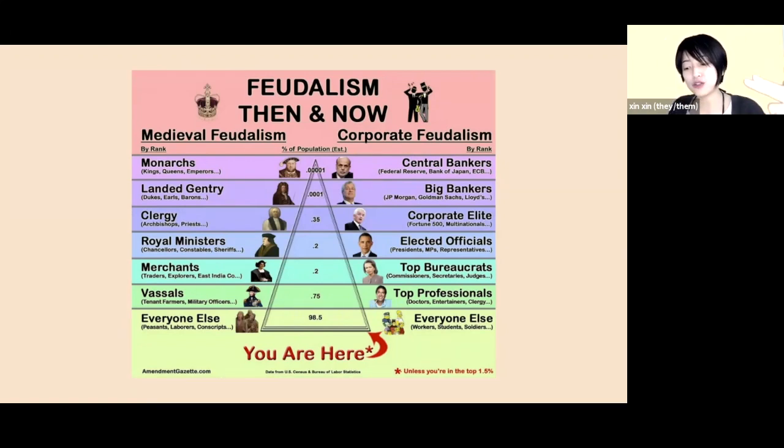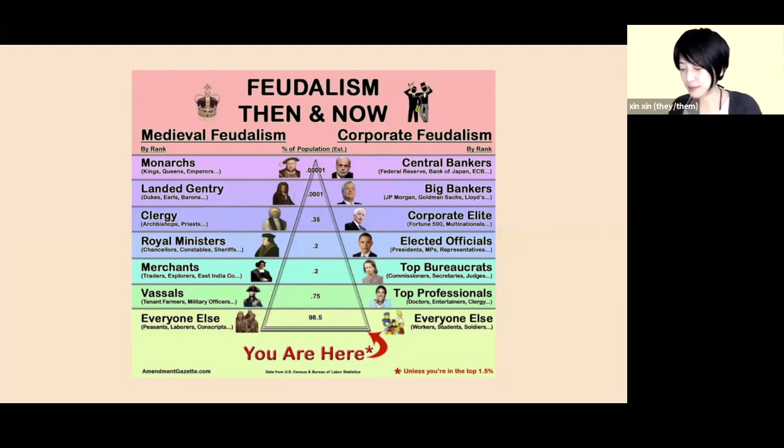That feudal system actually very much relied on the top 1% protecting each other and granting land and property to each other in exchange for military protection or protection of the border, and how that translates into thinking about corporate feudalism and the kind of protection different layers of the corporate top 1% might provide to each other in order for that system and power to stay in place.